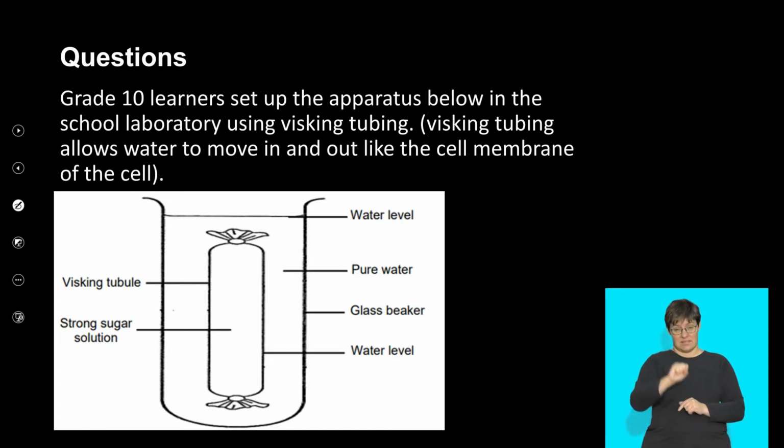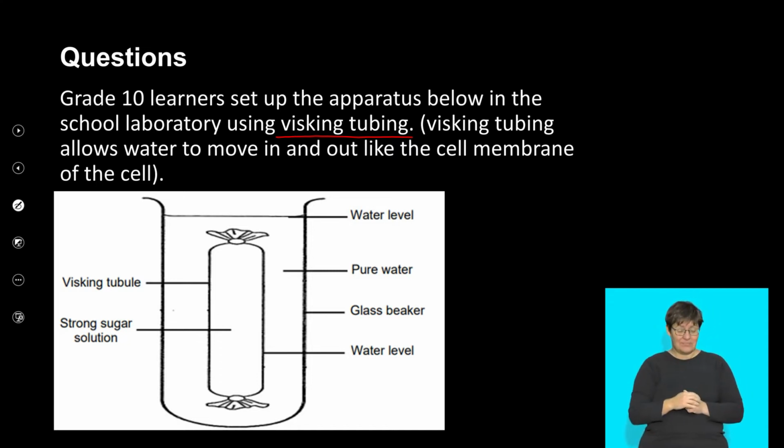So here we have grade 10 learners. They set up an apparatus below, right, in the school lab using whisking tubing. Now, you might not have any idea, or you've never heard anything called whisking tubing before, but in brackets, they've explained what it is.